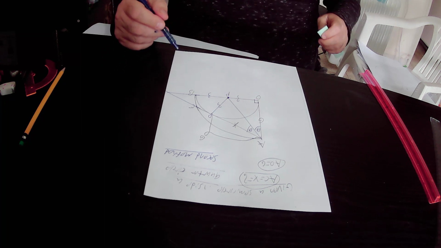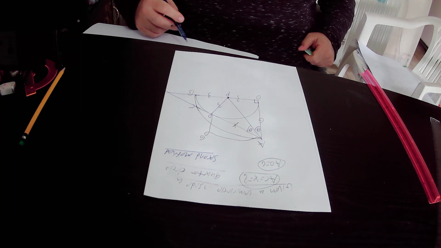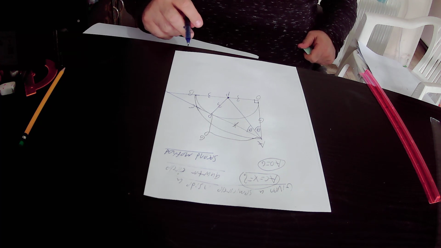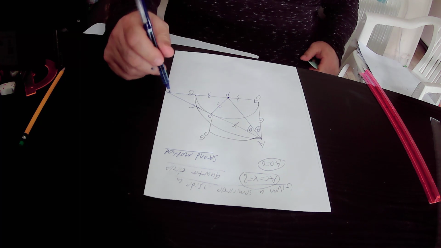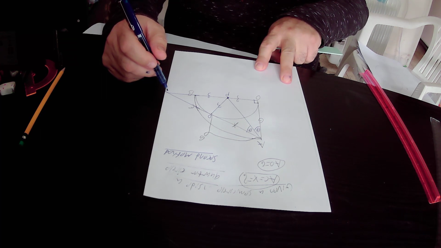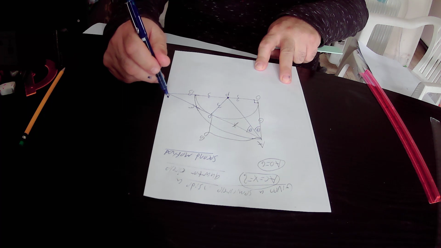So we extended line segment AC and line segment OB until they intersect with each other at this point. This is the point of intersection between the two straight lines. We define the point of intersection as point E.